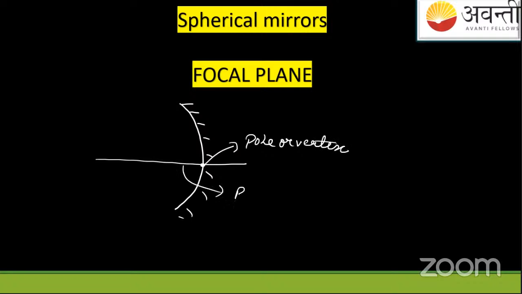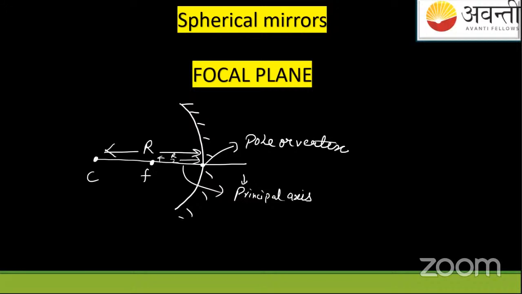This is the center of curvature, which is at R distance. This is the focus, which is at R by 2. And this is the principal axis here.